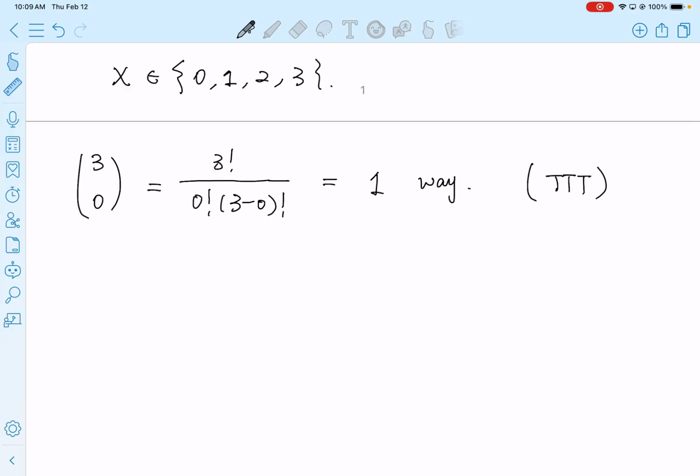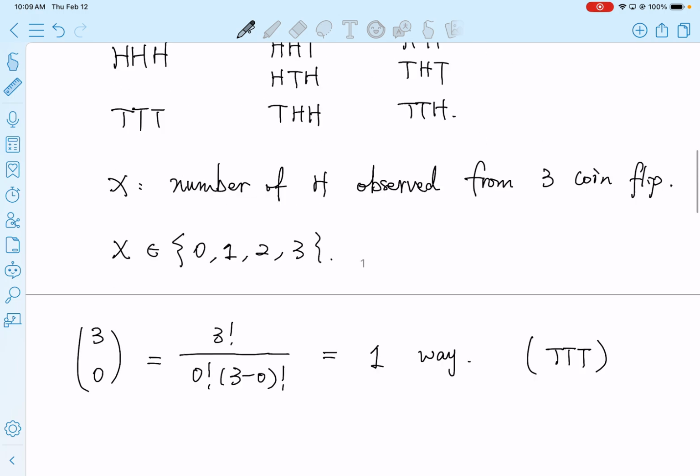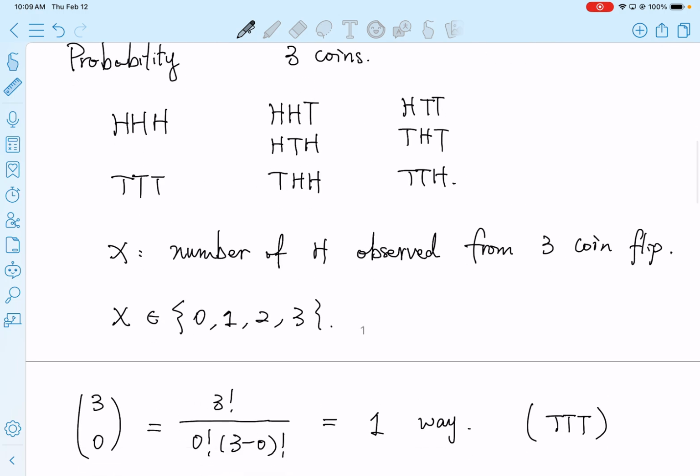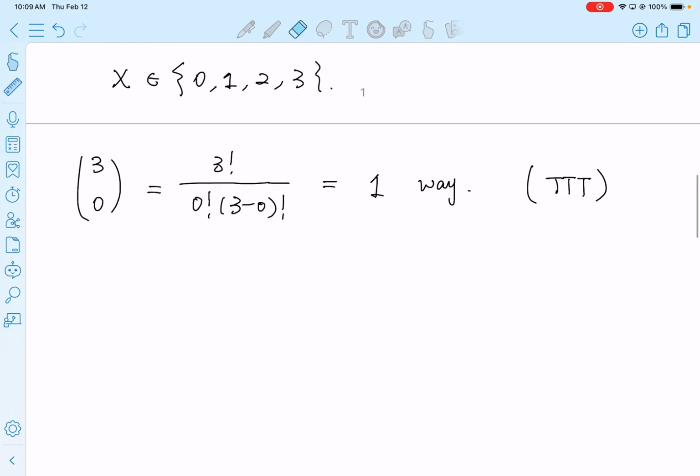So that is one of the measures that you can quantify from those 8 outcomes in this 3 coin flipping case. How many of them satisfy the thing that we want to calculate? In our case, X is equal to 0 heads. So there is only 1 way. Okay.